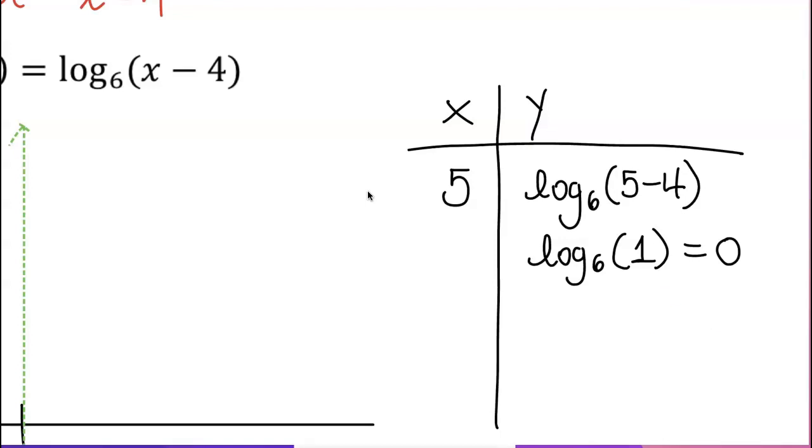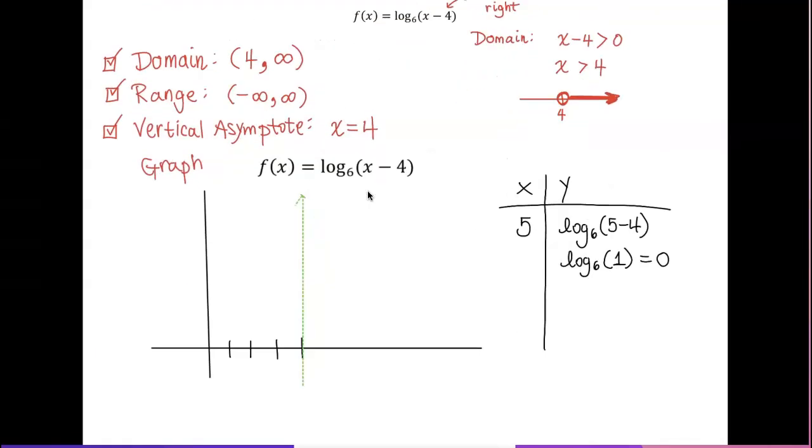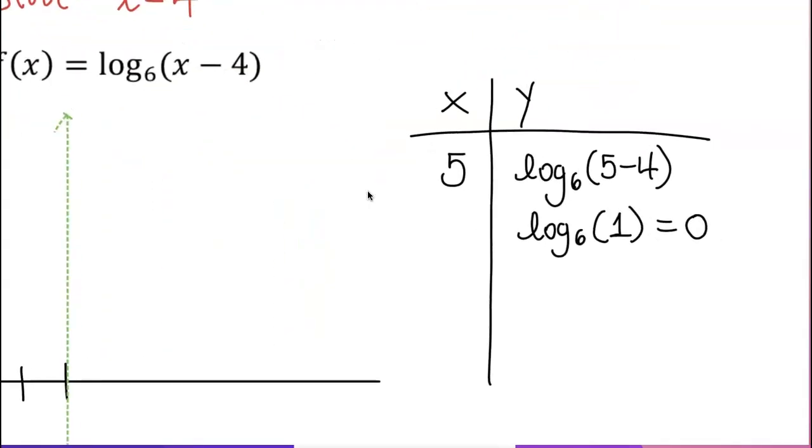But let's say you want to use a calculator to evaluate the log. In the next section, you are going to learn about a formula called the change of base formula. You can use that to find the exact value. But at this point, we're just thinking about 6 to the what power is equal to 1? And the answer is 0. That's how we can evaluate this log expression.